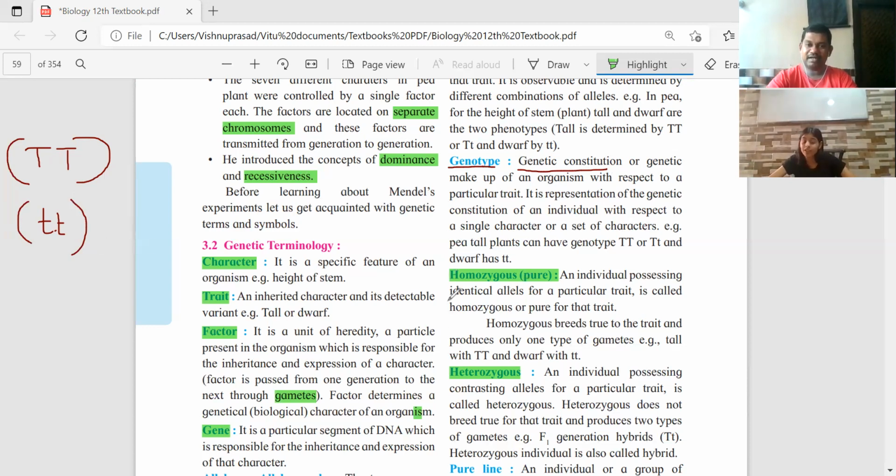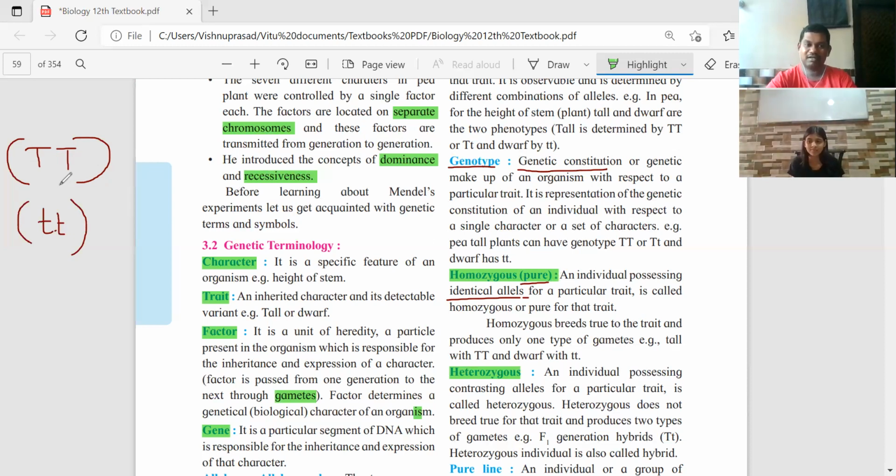When in a genotype both the alleles are identical, both dominant or both recessive, then it is called homozygous. Also called pure genotype. Because kind of impurity नहीं है ना, उसमें दोनों same है.